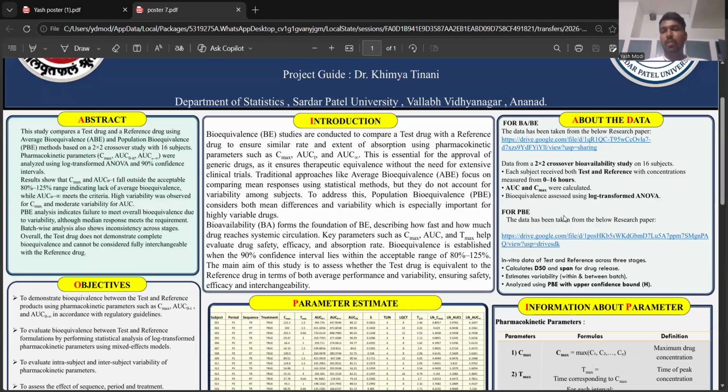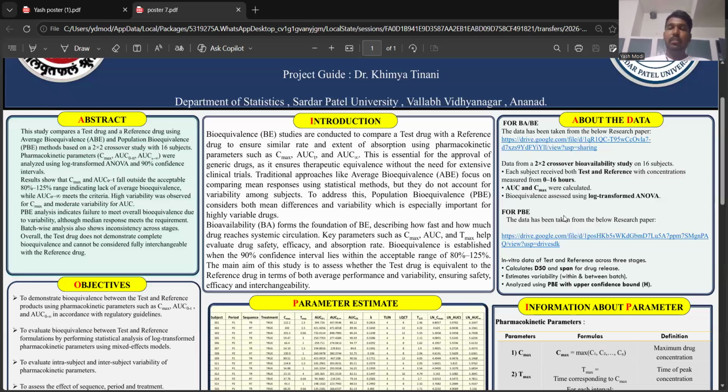Here we discuss the data. For BE, here we can see the research paper link and data from a 2 by 2 crossover bioavailability study on 16 subjects. Each subject received both test and reference, with concentration measured from 0 to 16 hours, and AUC and Cmax were calculated.